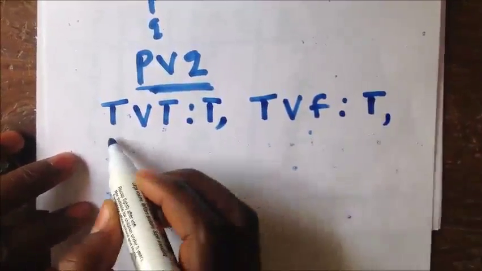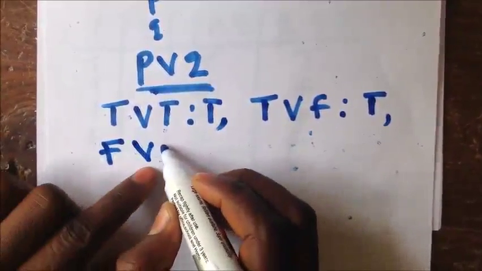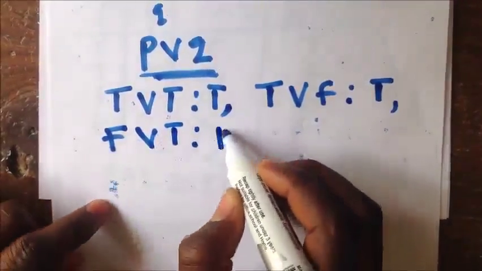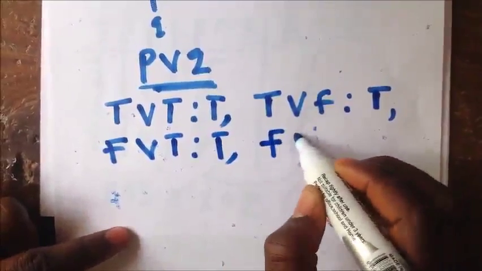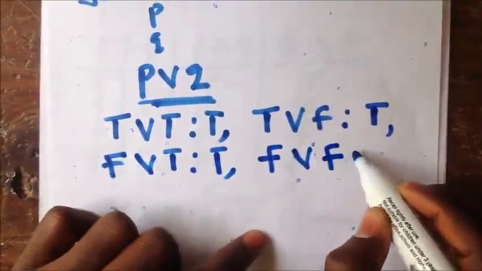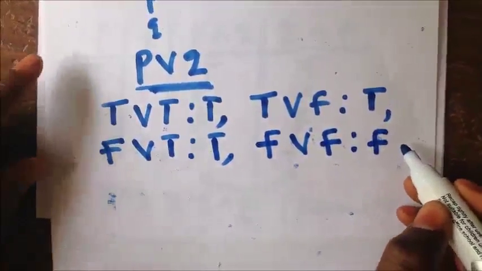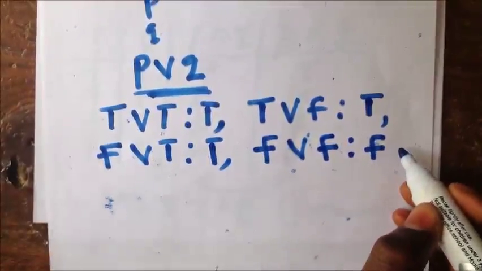The other way around is when P is false or Q is true. You see at least one true value exists, meaning it's true. Then the last case is when P is false or Q is false, therefore it will be false. Meaning in the case of disjunction, it's false only if both are false.